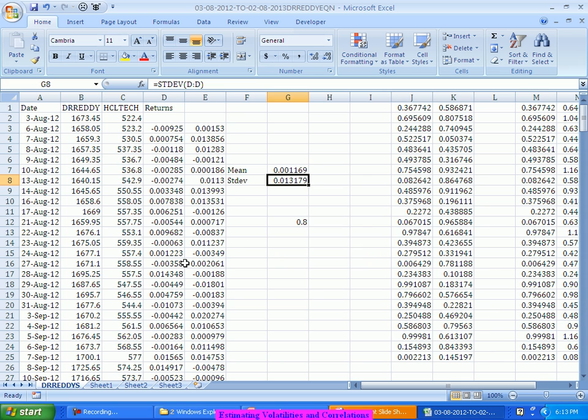If I take the last 250 days, the standard deviation of those 250 days is my daily volatility, right? Standard deviation is nothing but the square root of the variance, and variance is nothing but the average of the square of the deviations from the average. Taking the square root of that gives me my standard deviation.